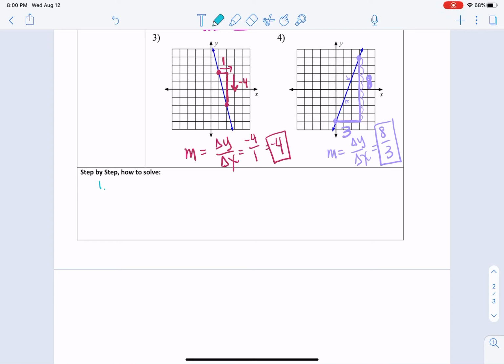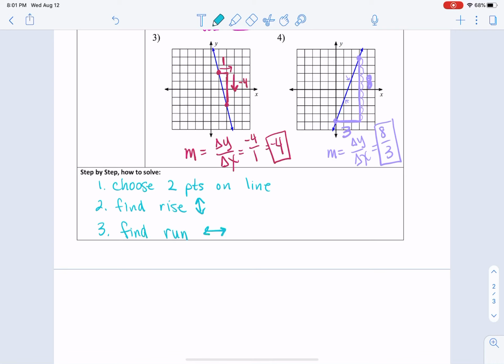I chose 2 points. So we choose 2 points on the line. Then we find the rise, because that's the number on top. And then the third one is to find the run, and that's horizontal.